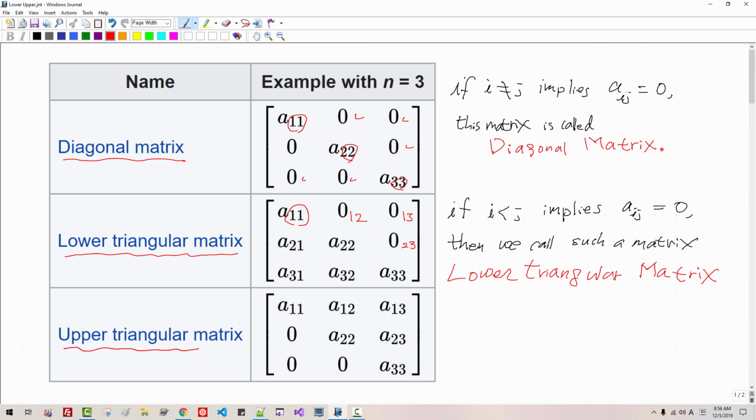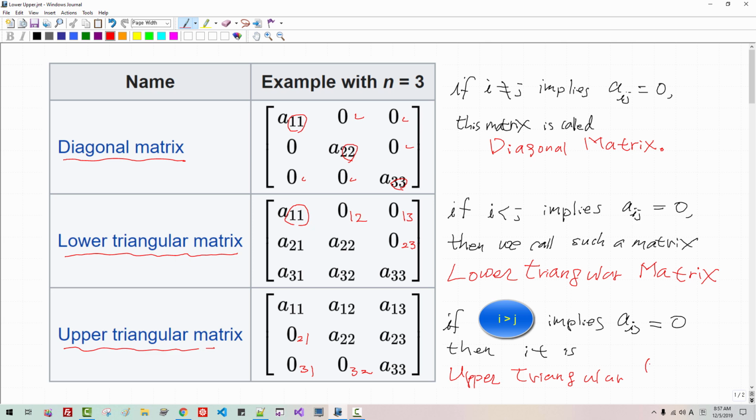In this case, this is 2, 1, this is 3, 1, this is 3, 2 elements. If i is greater than j implies aij is 0, then it is an upper triangular matrix.